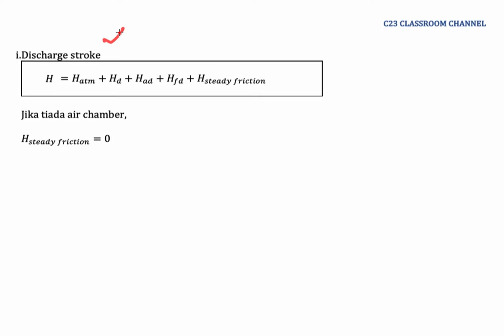So the absolute pressure inside the chamber needs to overcome all these items. First, we need to overcome the atmospheric pressure, and then the delivery head. At least the energy we supply to the water needs to overcome the atmospheric pressure, the delivery head, the acceleration head, and the friction at delivery.